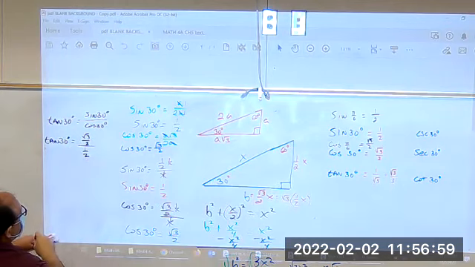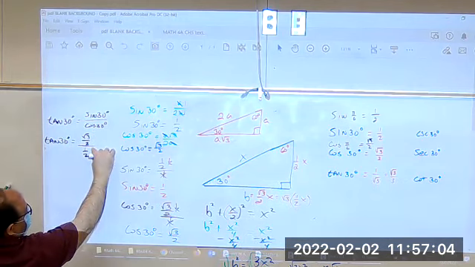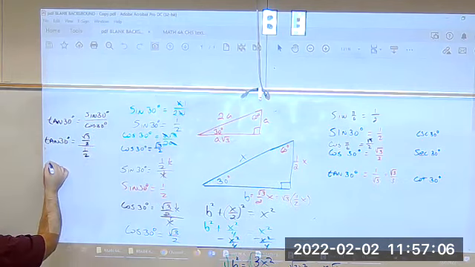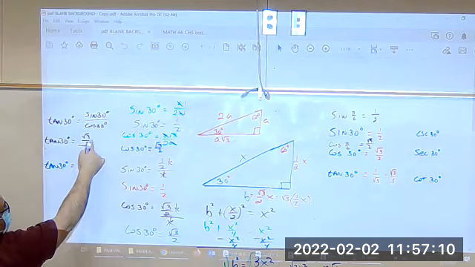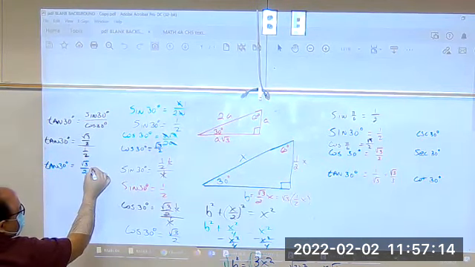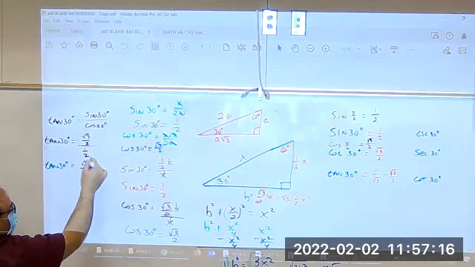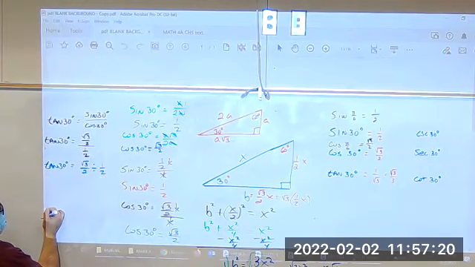Now remember, when you take a fraction and divide by another fraction, this is what's going on. I wrote it upside down.